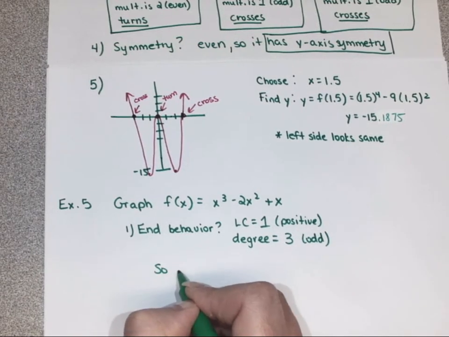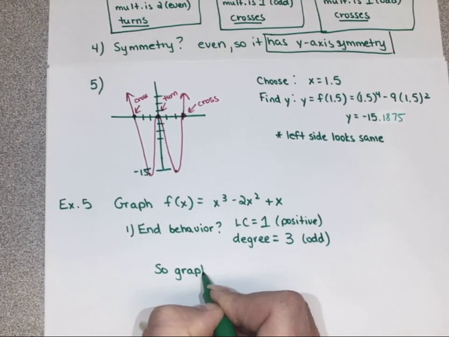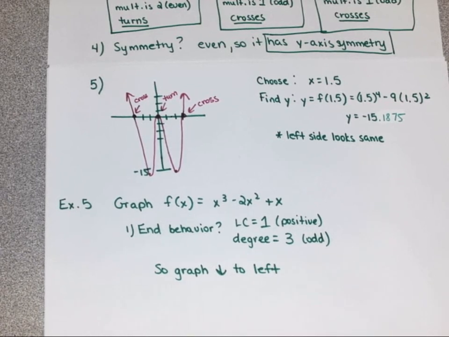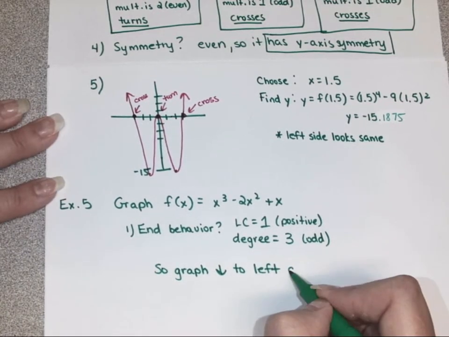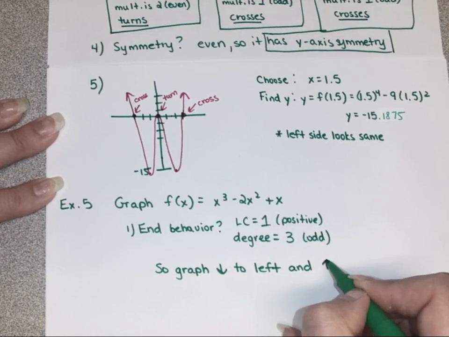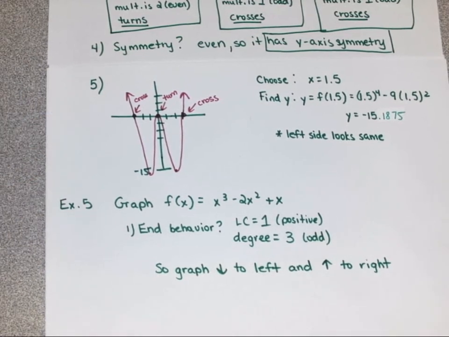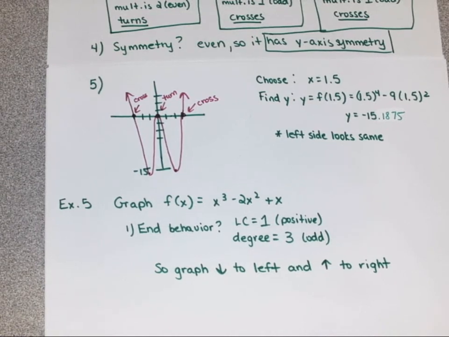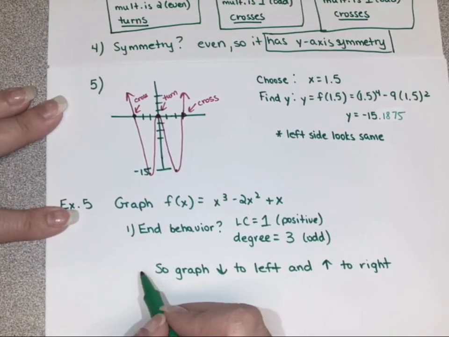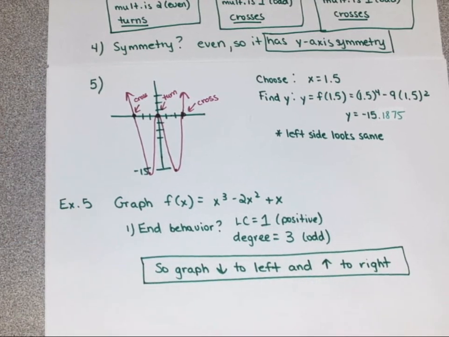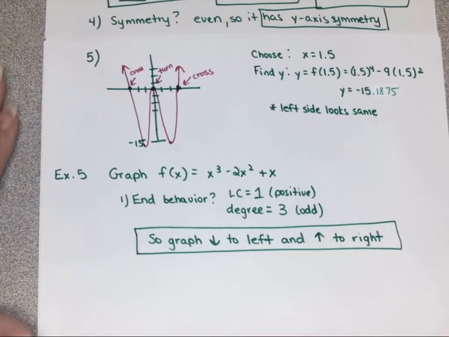Okay. So what does that mean about the graph? I'm going to use arrows. So the graph falls to the left, right? You can use the word fall or you can use an arrow there. And it rises to the right. Okay, so I know what it does at the ends, so now let's focus on what it's doing in between there.